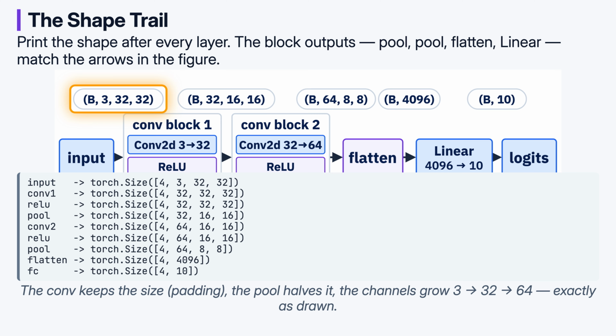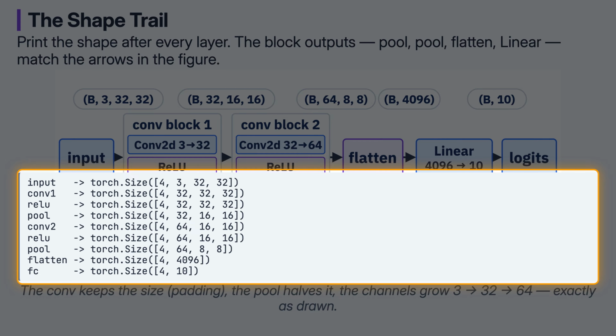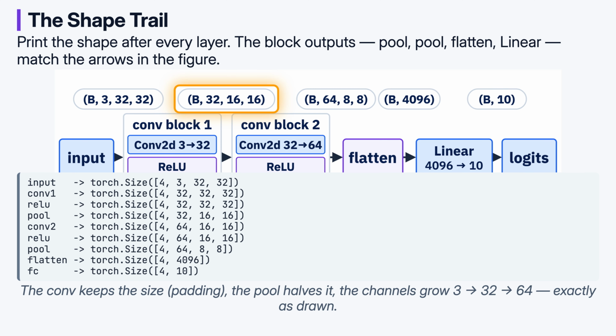This is the shape after every layer, printed. It starts with the input, a batch of 3 channels, 32 by 32, the same shape on the first arrow. The conv grows the channels and keeps the size, 32 channels, 32 by 32. ReLU does not change the shape. The first pool halves the map, 32 channels, 16 by 16.